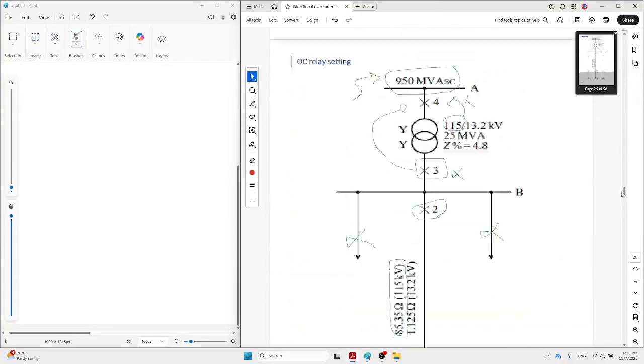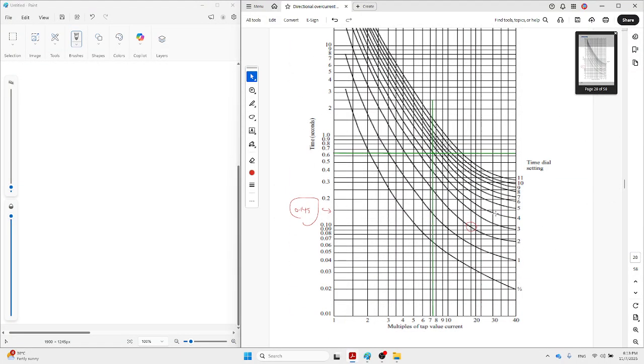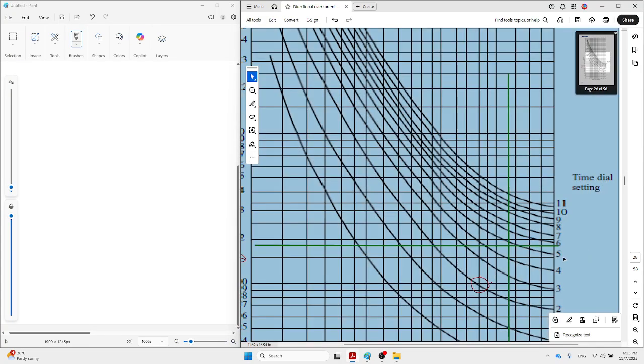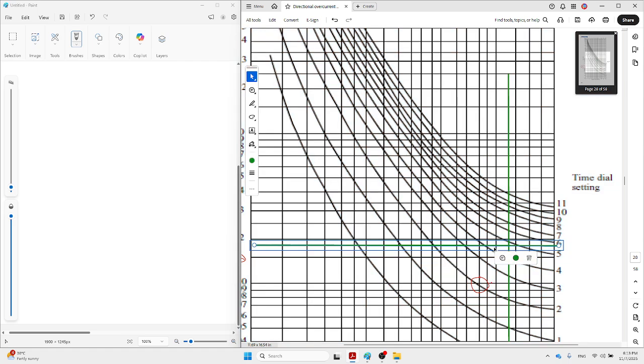Let's go. Where are you? Number 5 is here. So 28 is somehow, I think, here. Okay, 28. And we must make it by 5. Let me make it very clear.